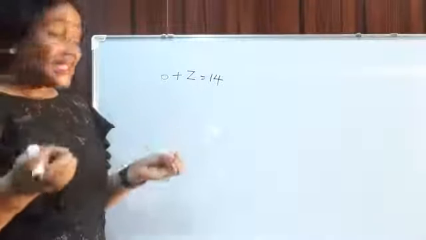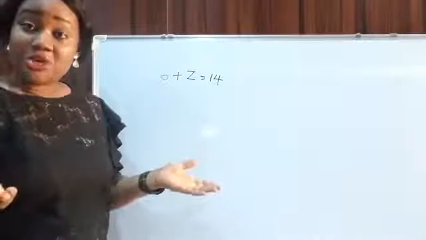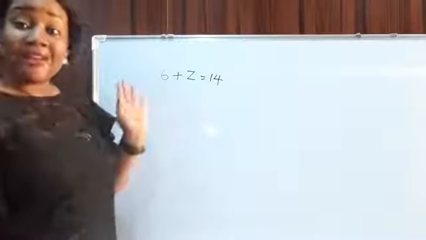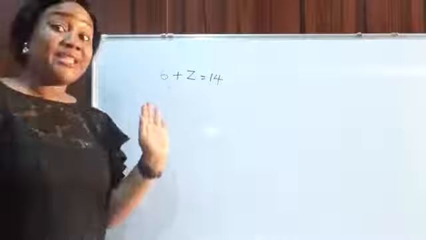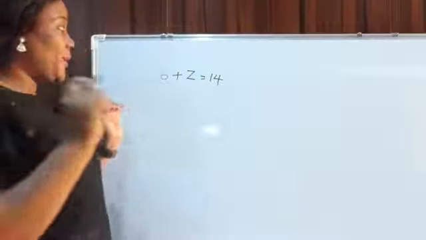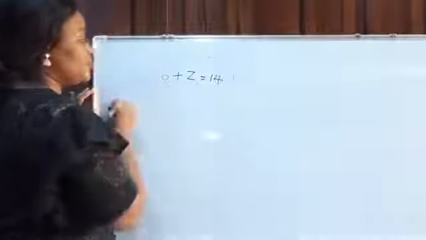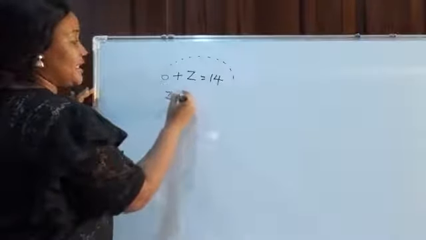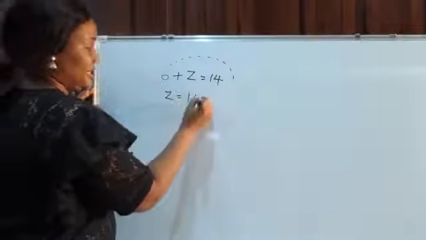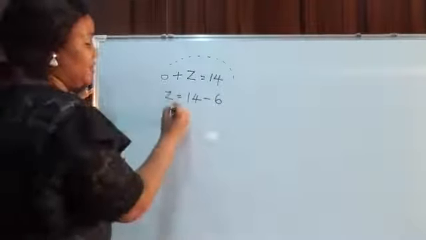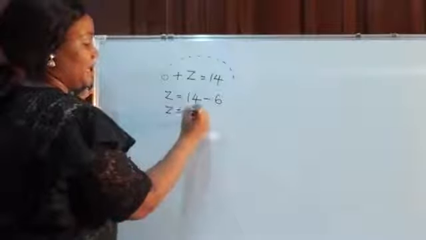So, as usual, we jump. 6 has to go and find his family. Then we have 6 jumping again. Z equals 14 minus 6. And that gives us Z equals 8.